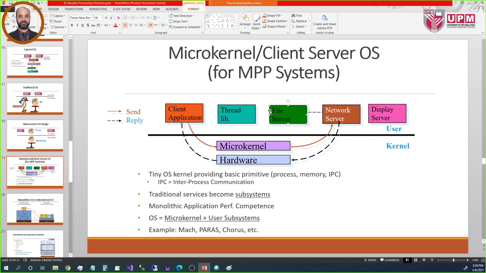All of those servers use their own operating systems, and they are configured to communicate with the microkernel operating system to provide certain services to the clients. So clients do not know what type of operating system is running on the server.